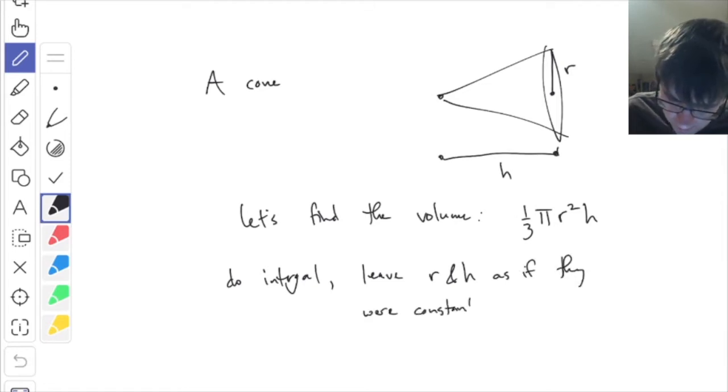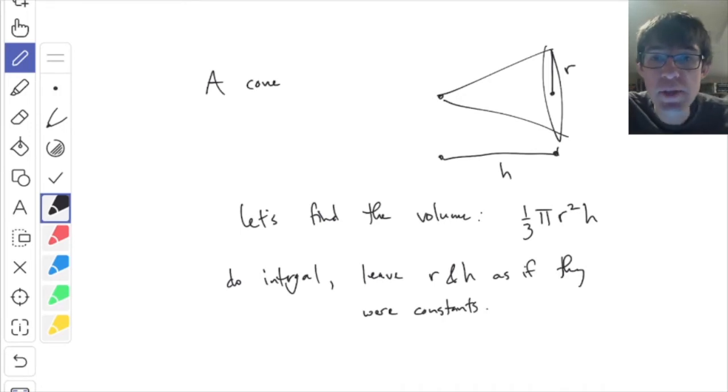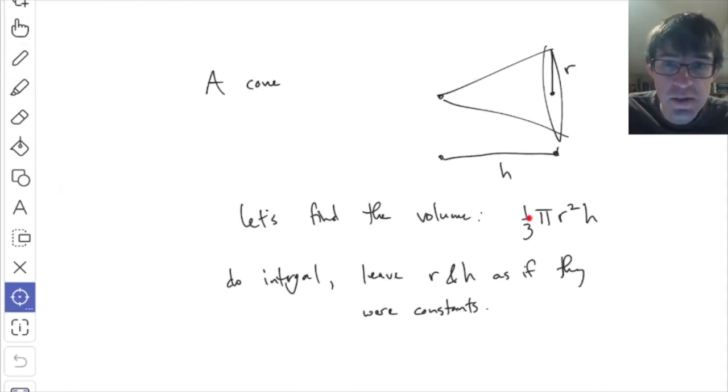We're going to treat the r and the h as constants, and hopefully the r and the h should remain in the answer. If we do it right, this is the answer that we're going to get. We're never going to plug something in for r and h.